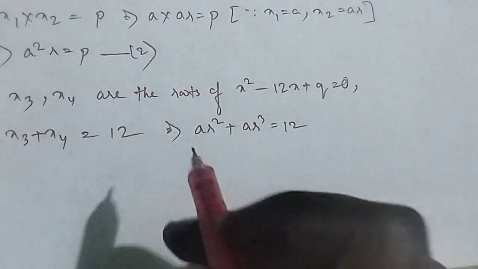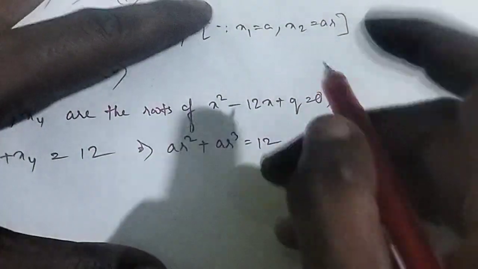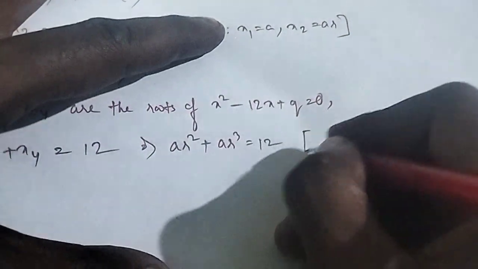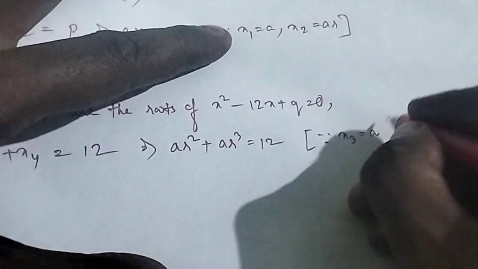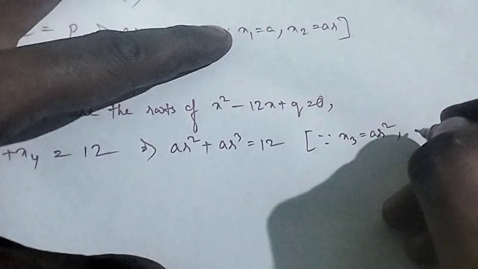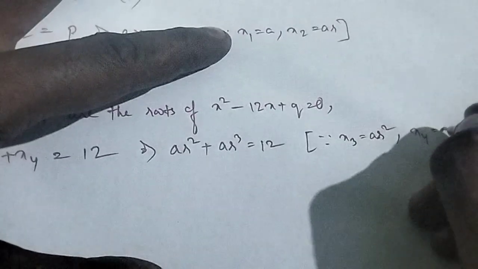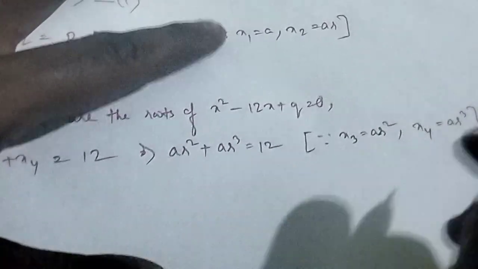Here you have to write as x3 is equal to AR square and x4 is equal to AR cube, right?